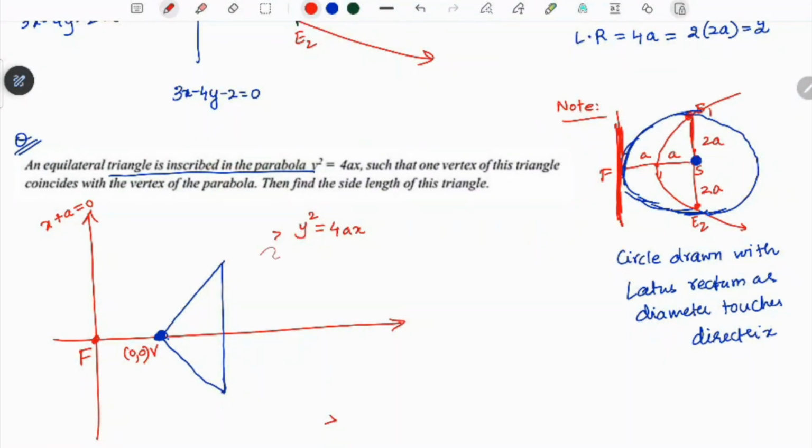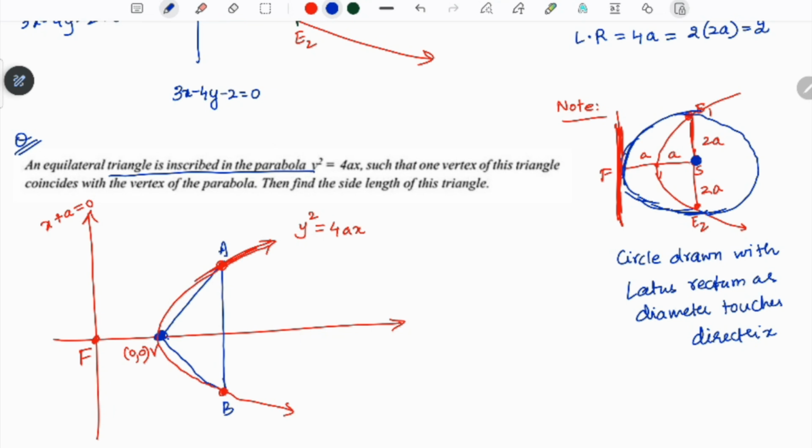So let's say this is the equilateral triangle. All right, so we have a situation like this. This is VAB, let's say. VAB is an equilateral triangle.